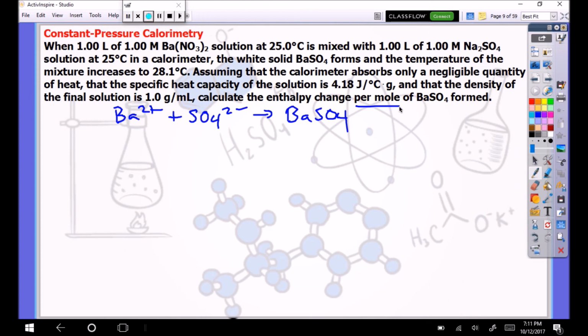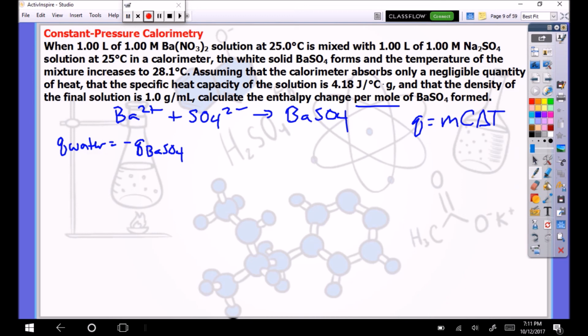So when we're looking at our density, we've got to figure out first our total mass, right? We're still using Q equals mc delta T. And we know that our Q water is equal to the negative of our Q barium sulfate that we're forming, our solid, right?